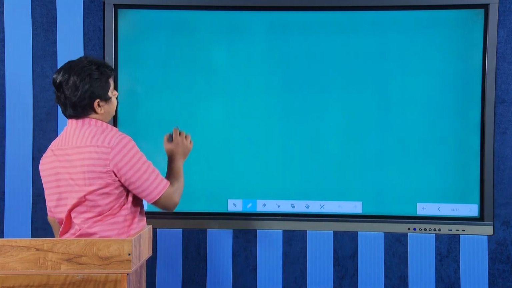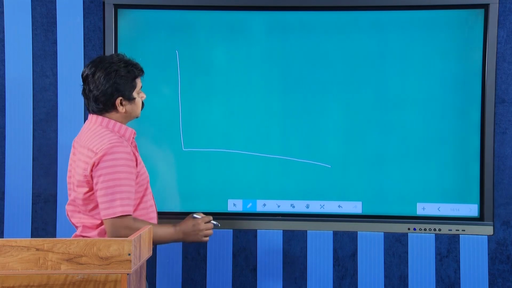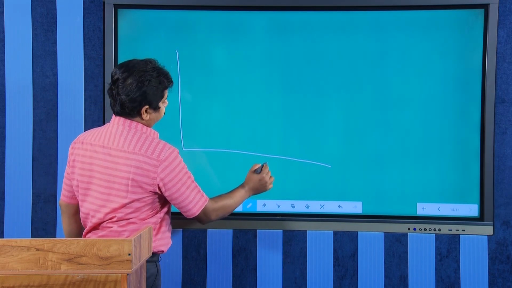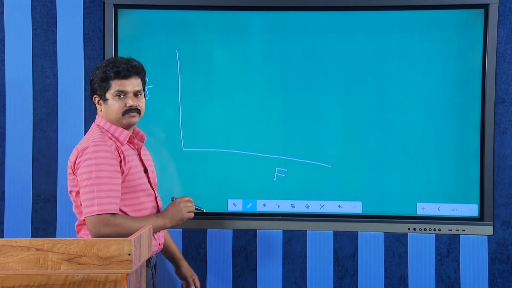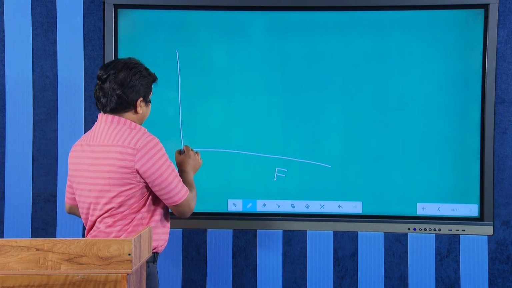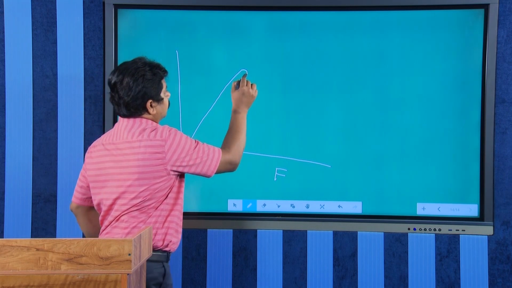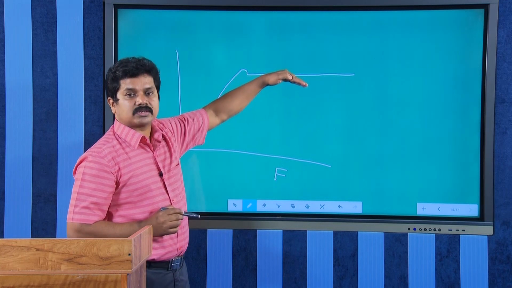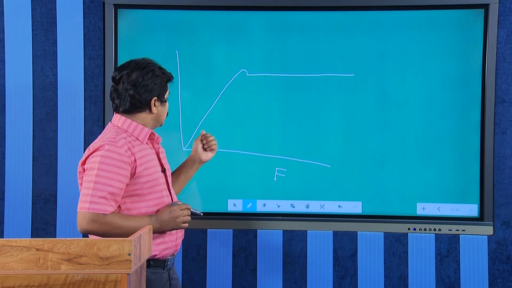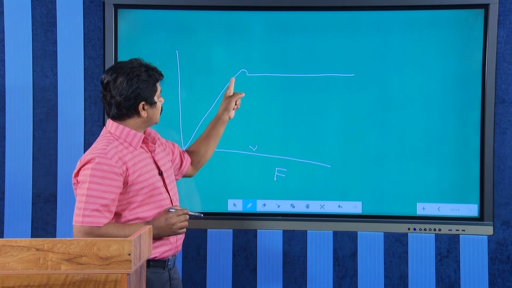If you plot a graph of applied force versus frictional force, this is the applied force capital F, and this is the frictional force small f. As the applied force increases, the frictional force also increases up to a maximum, and then on increasing the applied force further, the frictional force remains constant.